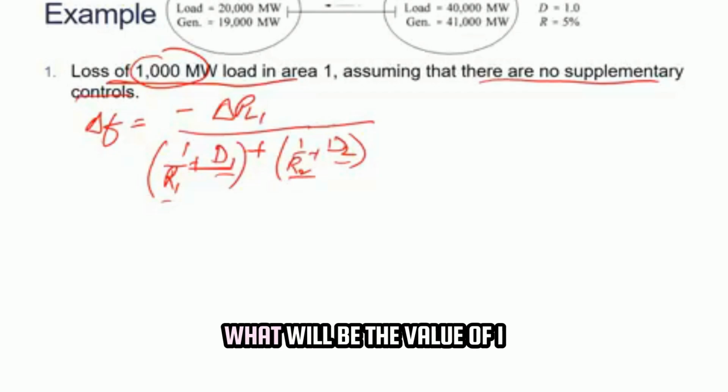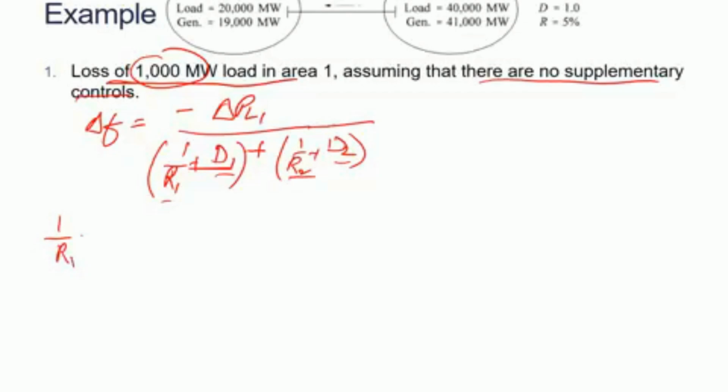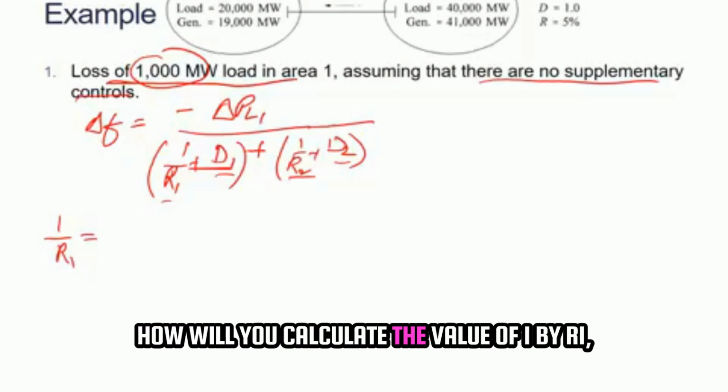Now what will be the value of 1 by R1 plus D1, or all these values? Let us calculate this. How will you calculate the value of 1 by R1?